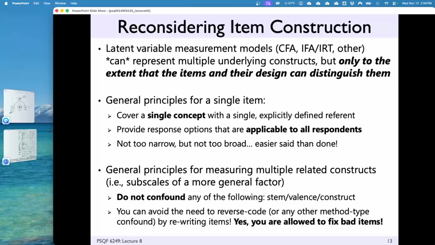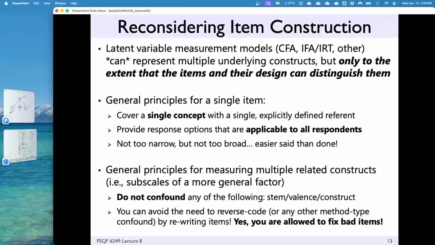Because the factor doesn't exist independent of the items. So it's not higher order factors; let's just think regular order. And if the items aren't written well and you just get random responses effectively, you will not have a factor model, right? So there are some general principles from item design that you know about from survey measurement research.